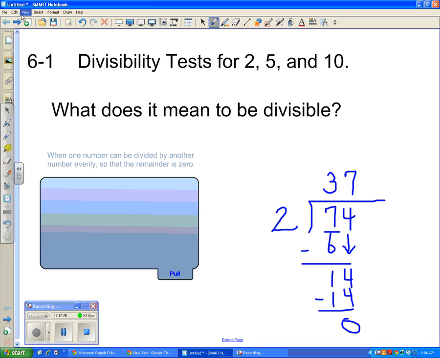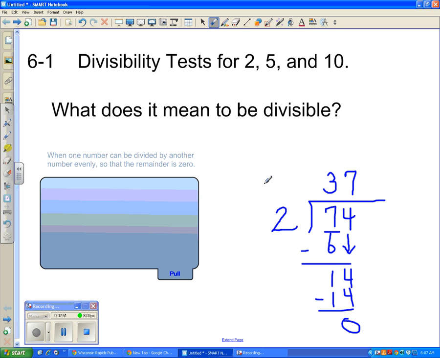So today our lesson is to discuss the divisibility tests for 2, 5, and 10. Essentially, using these tests and knowing these rules will allow us to determine whether one number is divisible by another number without actually having to go through the process of long division. So memorizing those tests and using your resources will make the process much shorter.